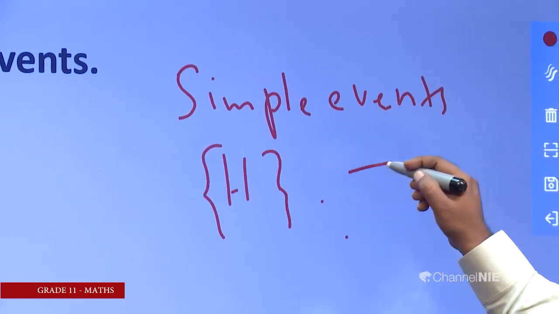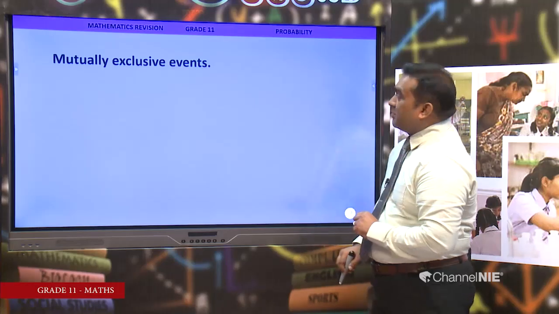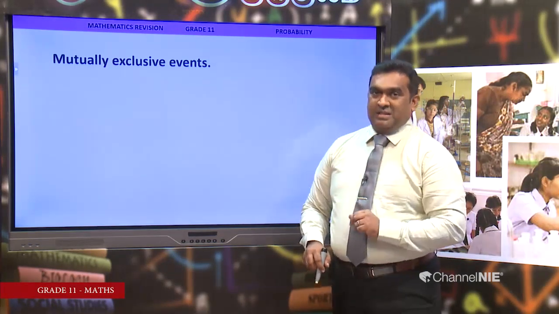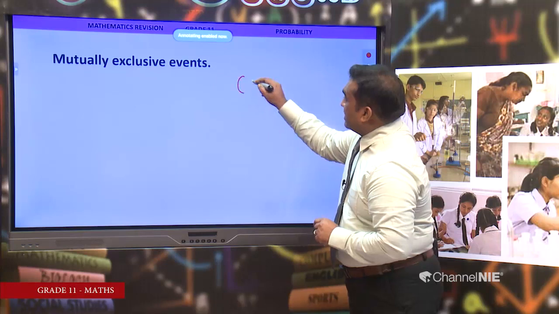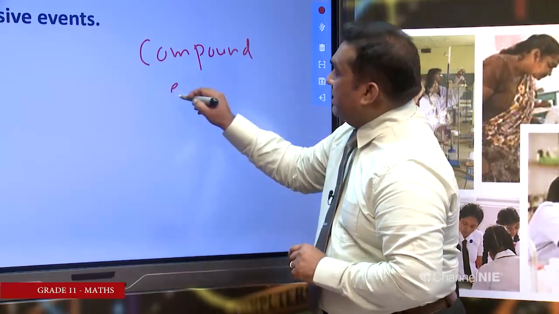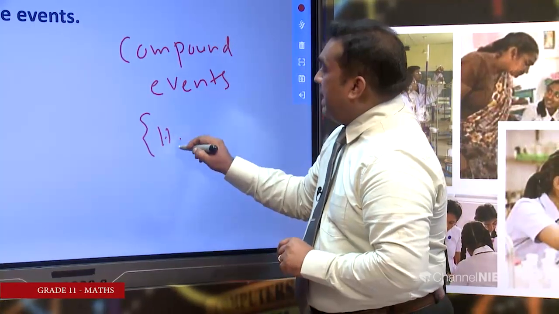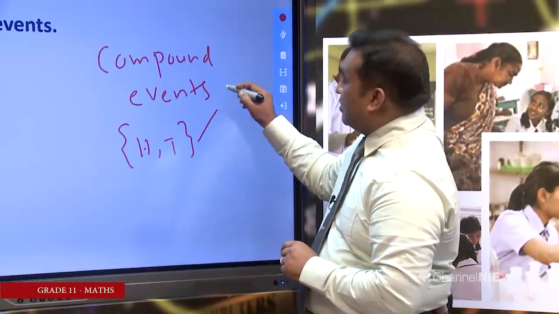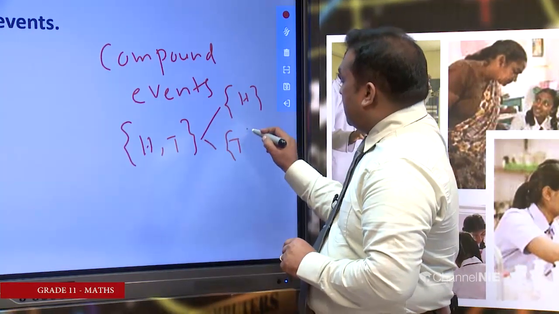Getting a tail is also a simple event. Right? Then compound events. Compound events are like getting a head and a tail. You can divide this compound event into simple events. Right?